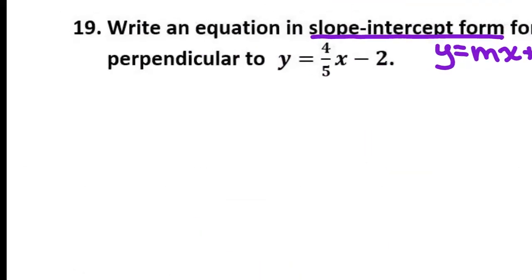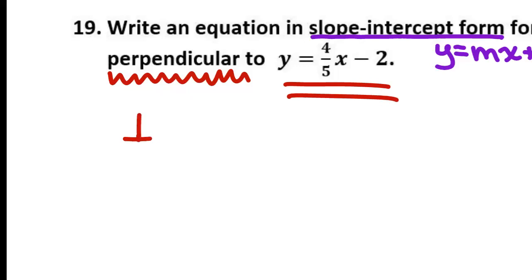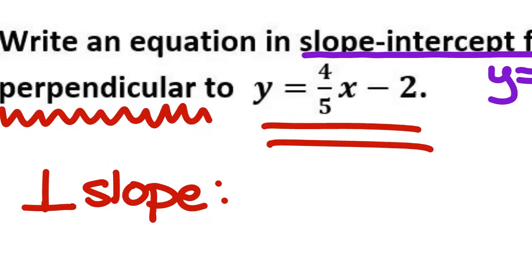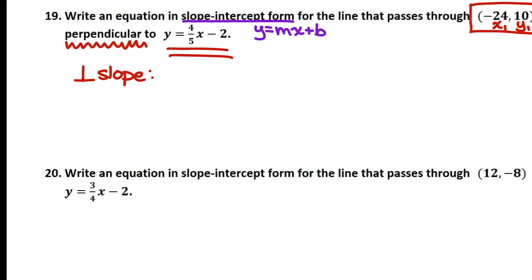And is perpendicular to this line. So I need my perpendicular slope. How do we find perpendicular slope? What am I going to do to the slope of the line that I have underlined to find the perpendicular slope? We're going to flip the sign, so it's opposite sign.